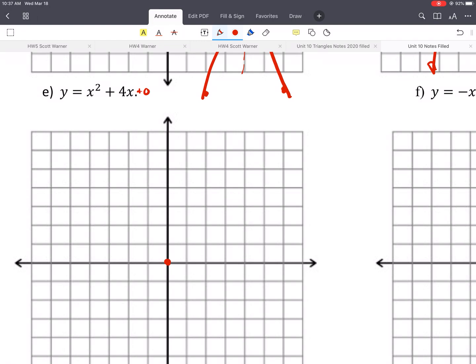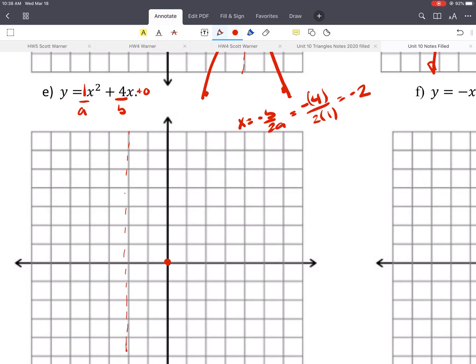So we'll do x equals negative b over 2a, which is negative 4 over 2 times 1. Here we have 1 as our a and 4 as b. And that ends up giving you negative 2. So our axis of symmetry is right here.